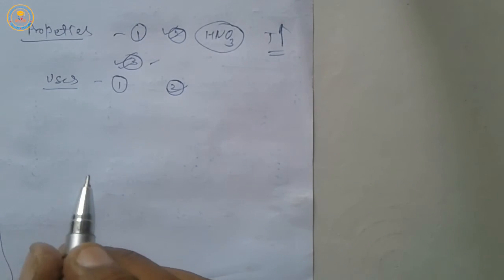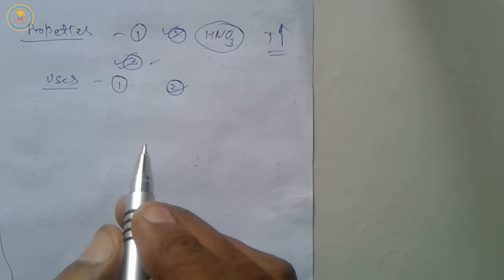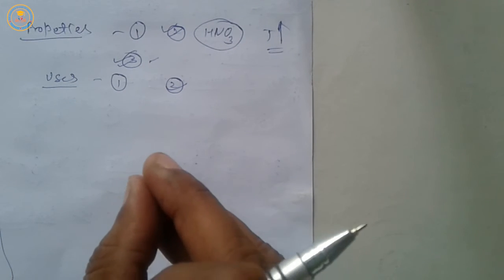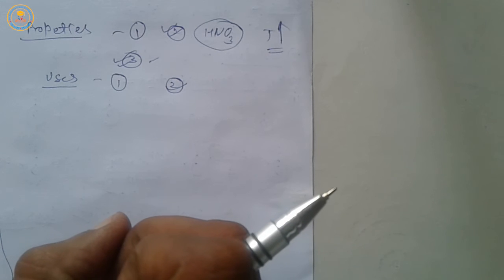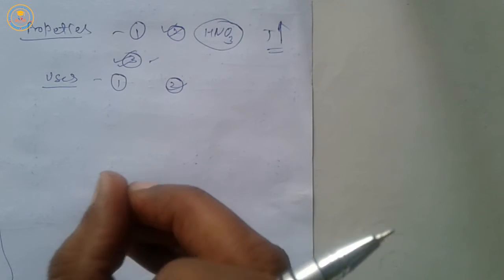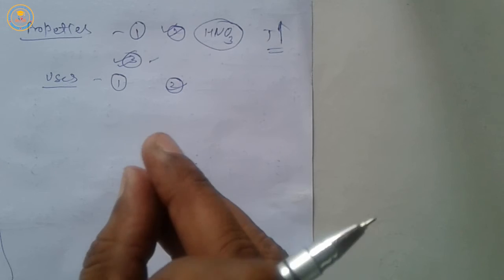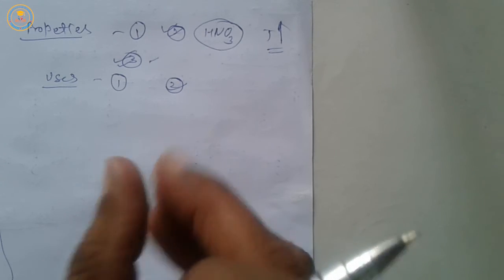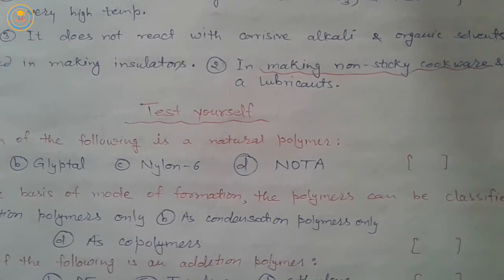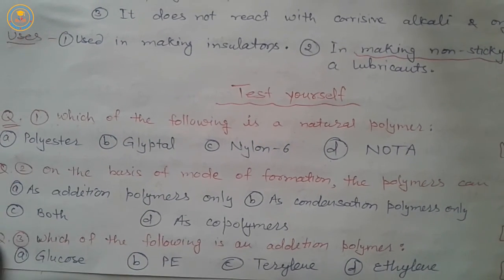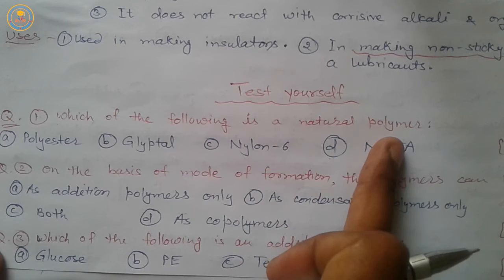Now a test paper. There are 15 questions in the paper. Every question has 1 mark. Solve all questions with honesty and comment your obtained marks. First question is, which of the following is a natural polymer?